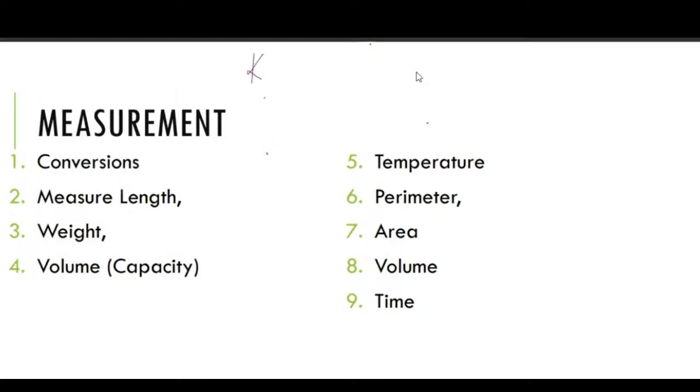We said metric, we have kilometers, followed by meters, centimeters, and millimeters. In between these, the largest is 1,000, it reduces by 1 zero, it becomes 100, then it reduces by 1 zero, it becomes 10. So in between kilometer and meter, we have 1,000. In between meter and centimeter, we have 100. Between centimeter and millimeter, we have 10.